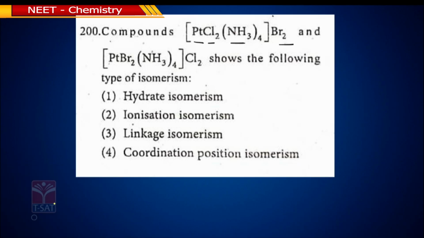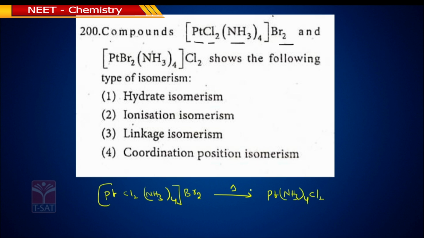See, the first compound is [PtCl2(NH3)4] with Br2 outside. If you ionize it, you will get the following ions: [Pt(NH3)4Cl2] with charge +2, and 2Br minus.